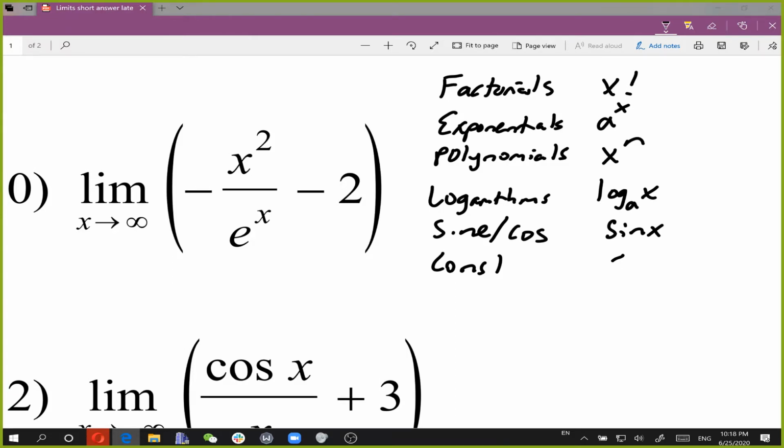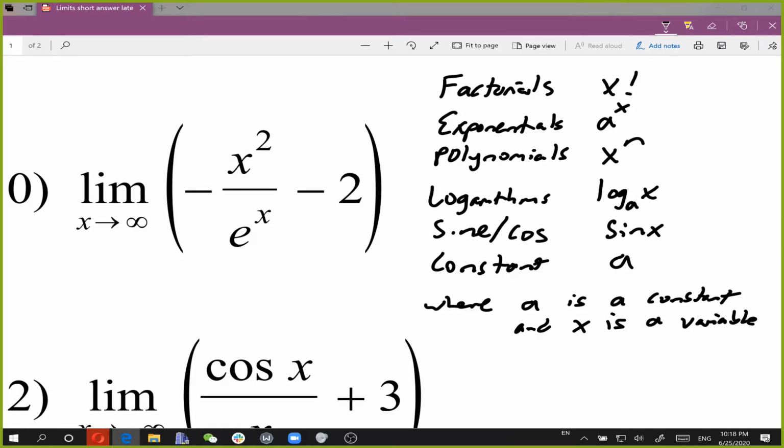Okay, so this is where a is a constant and x is a variable. I'm going to replace this n with an a, actually.